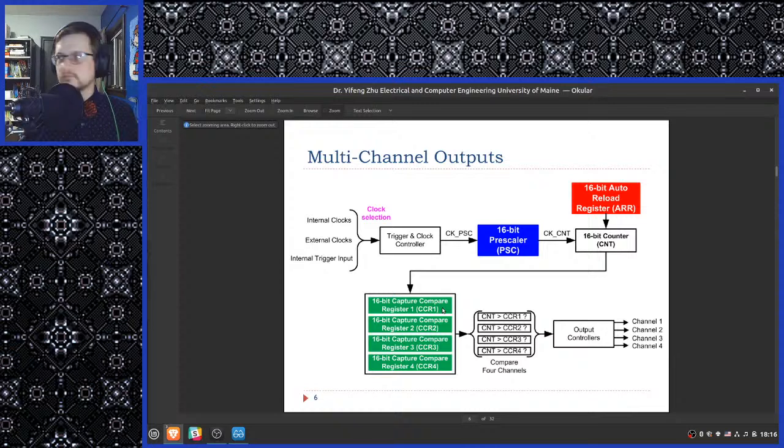Again, it doesn't cost anything really to multiply a signal. All you have to do is pick a line off the wire and run it somewhere else. So if you had one clock signal and you wanted to have interrupts at 5, 10, 25, and 50, then you could totally do that.